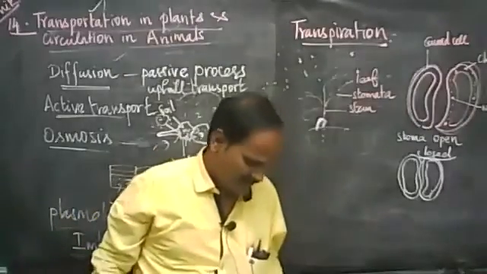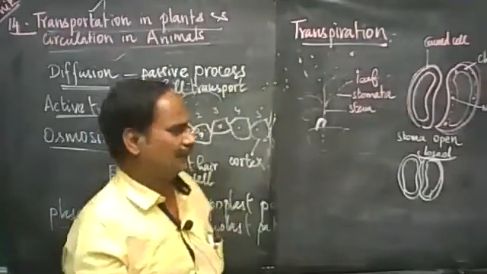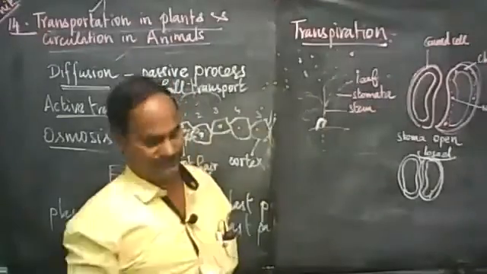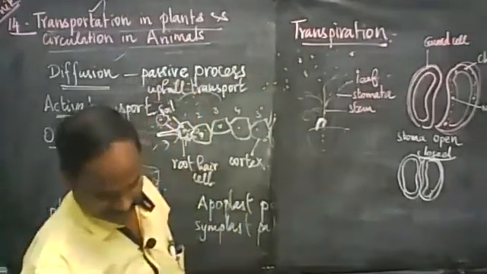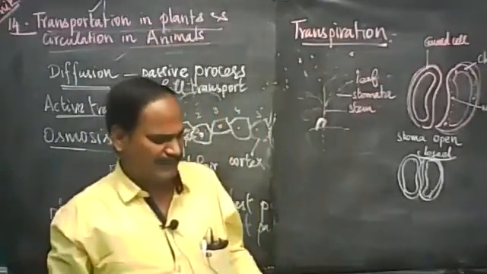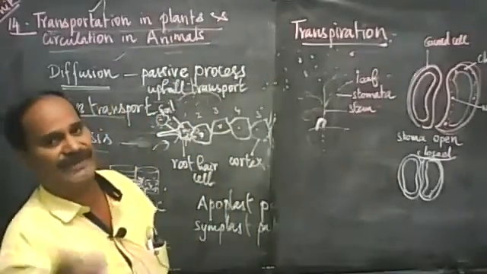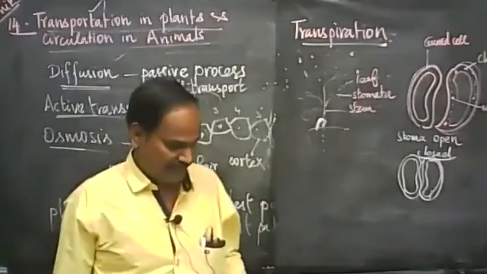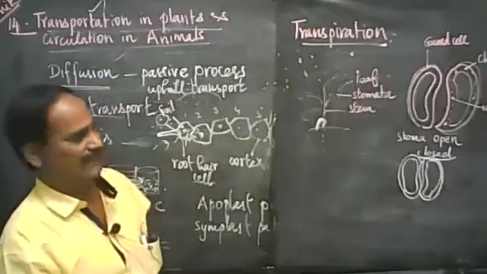Second, it supplies water for photosynthesis. Water is utilized in the various parts of the leaf. Then transportation of minerals from the soil is also achieved by transpiration. Then it cools the surface of the leaves by evaporation.